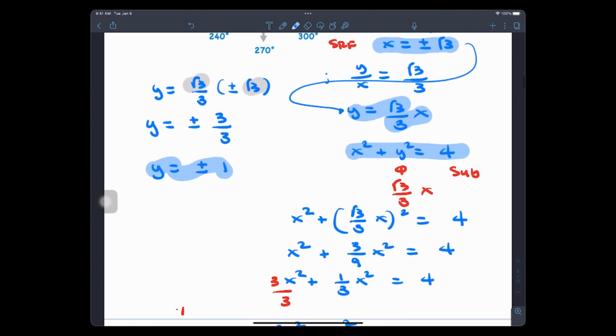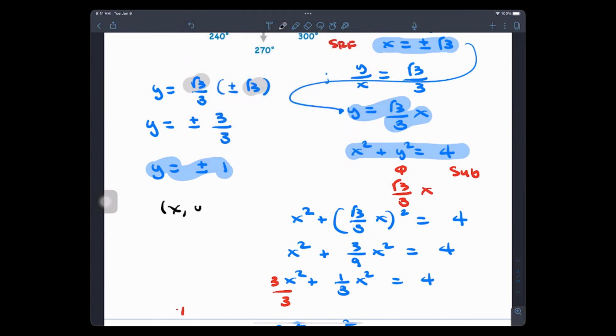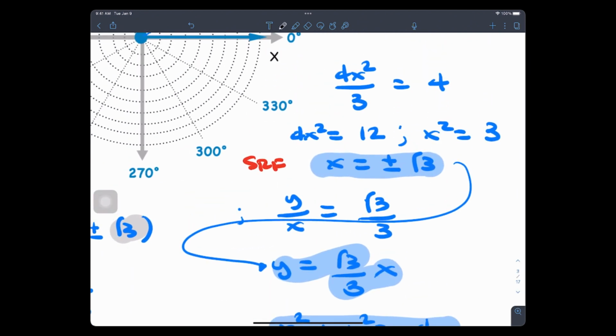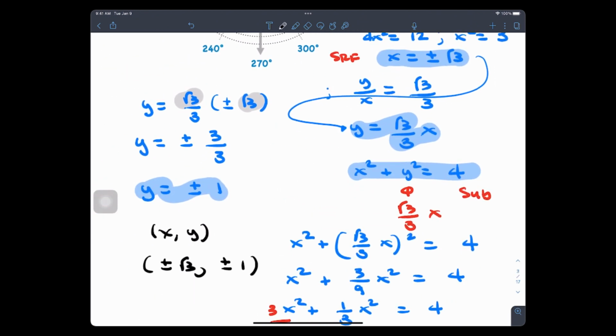Now remember, a solution here is an xy coordinate. And so you might say, well, which one is it? Because x is plus or minus square root of 3, and y is plus or minus 1, because these are the values you just got, right? We know x is plus or minus square root of 3. We know y is plus or minus 1.